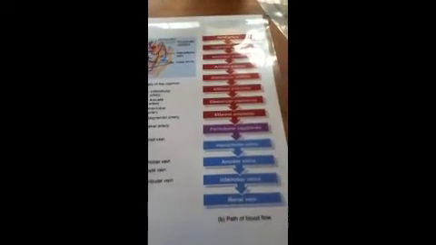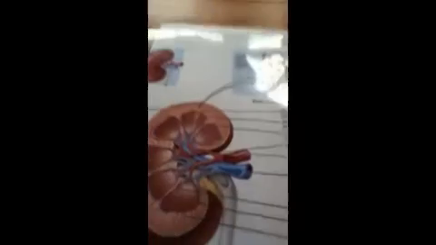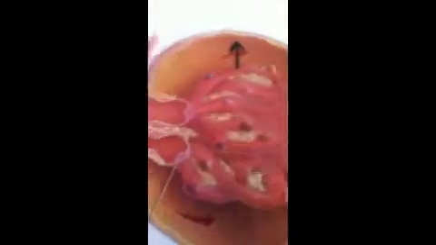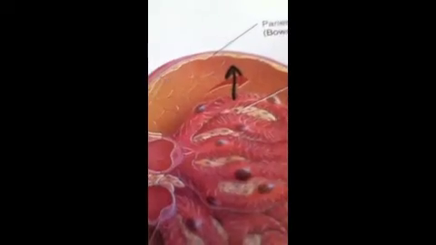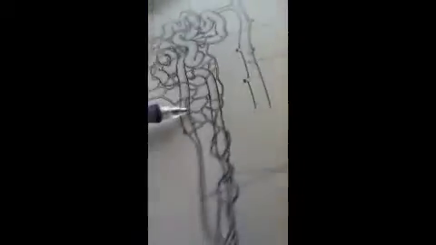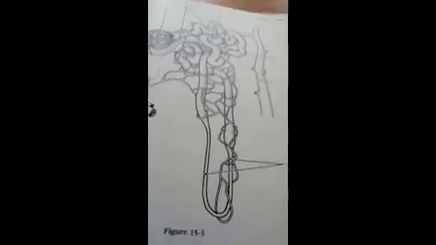A note too is that when we looked at the glomerular capillaries, we saw that was where the filtrate was being formed. And then when we look at the peritubular capillaries, that's where you're going to get filtrate being reclaimed or returning to the blood.